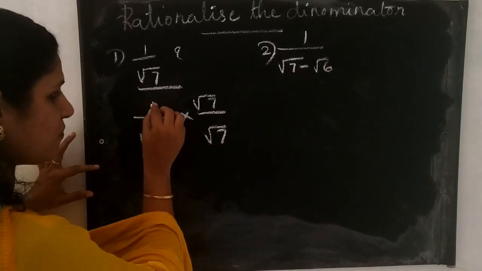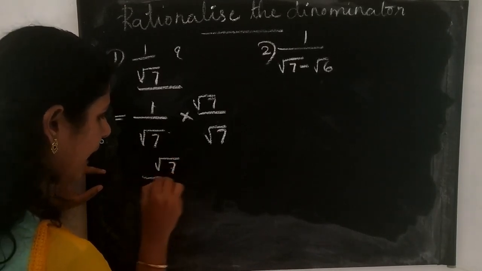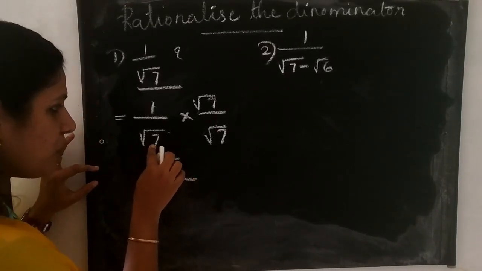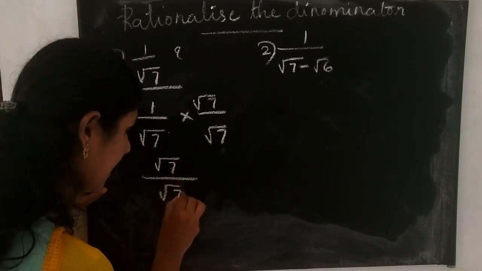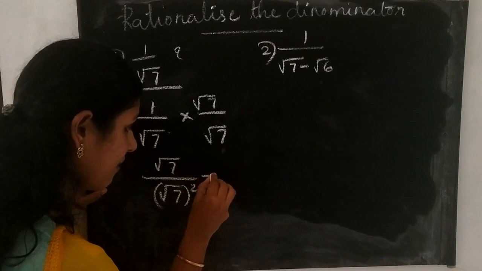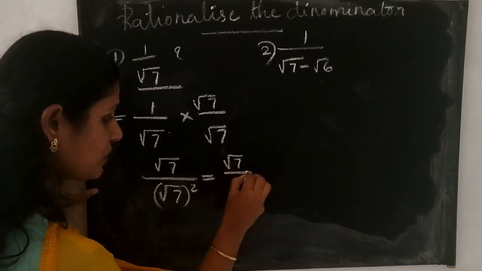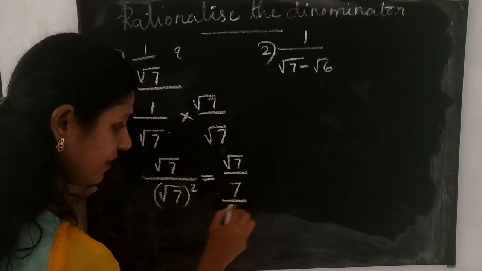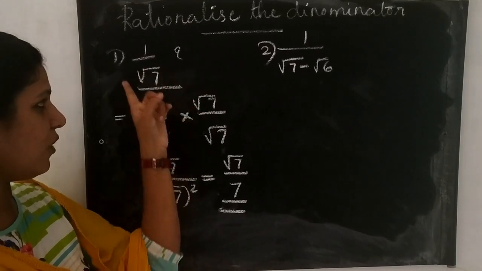Now the numerator, 1 into root 7, is root 7, and the denominator root 7 into root 7 is root 7 square. Root 7 square is what? 7. So we get root 7 by 7. Okay, understood?